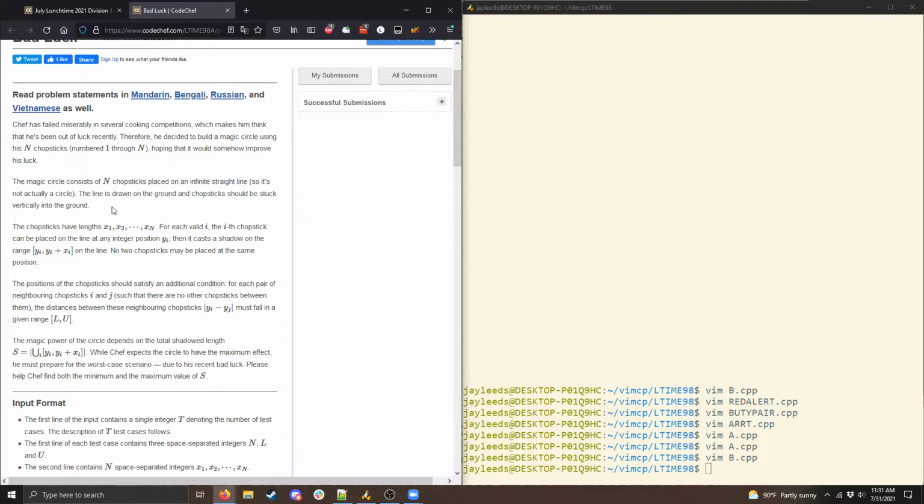And the positions of the chopsticks should satisfy an additional condition. For each pair of neighboring chopsticks, I and j, the distances between them must fall in the range L to U. The magic power of the circle depends on the total shadow length, or the union of all of these segments. So we need to find the minimum and maximum value of these segments.